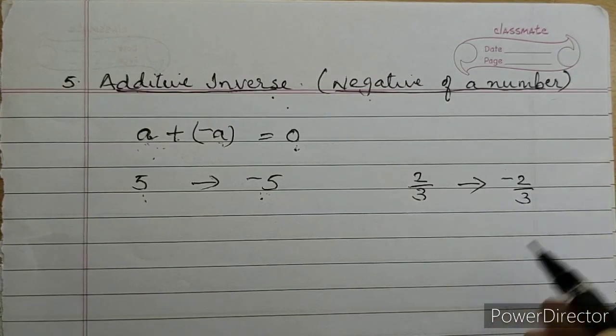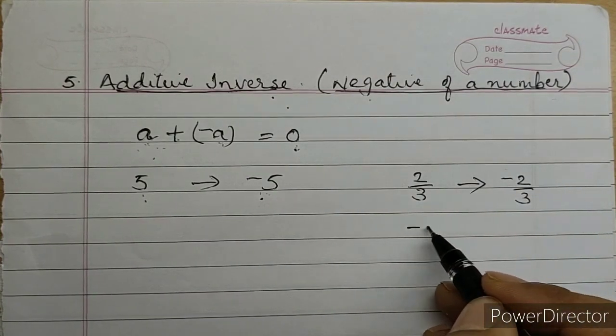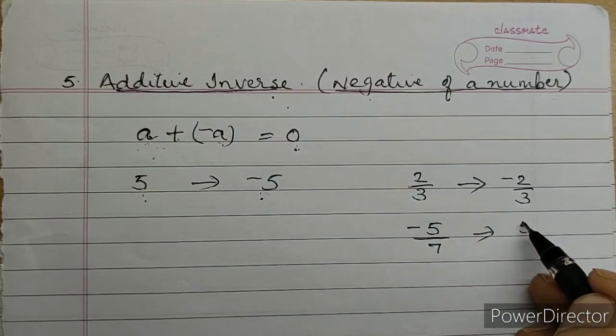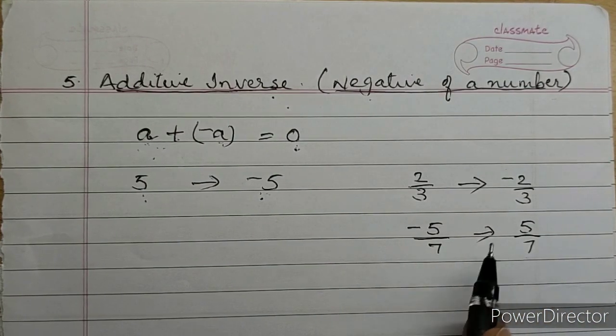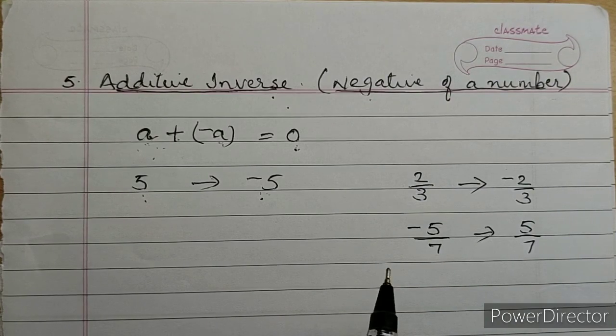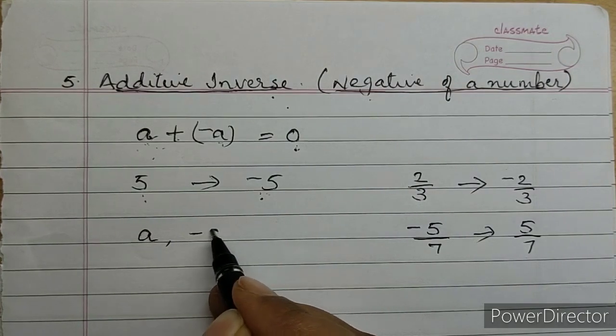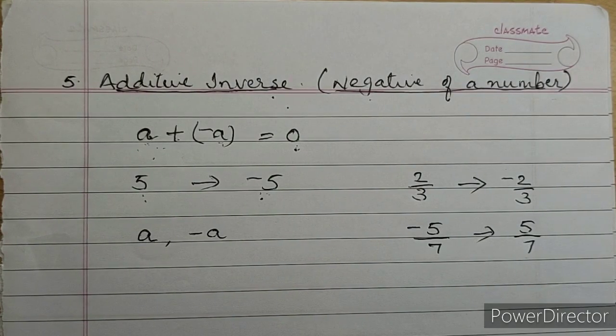Minus 2 by 3. What is the additive inverse of minus 5 by 7? It is positive 5 by 7. You have to change the sign and write. So in general, if a is a rational number, then minus a will be the additive inverse or negative of the number.